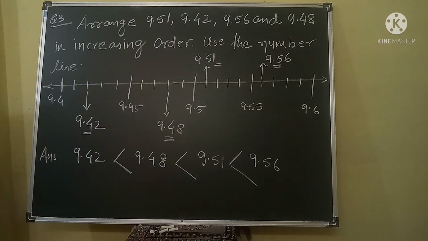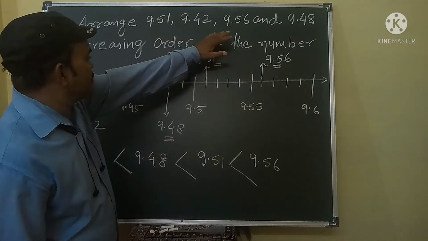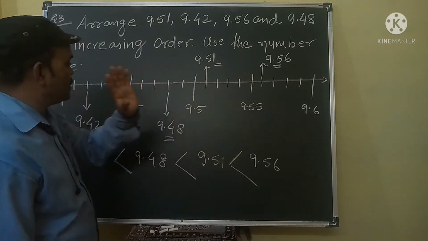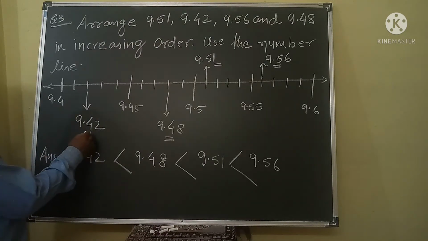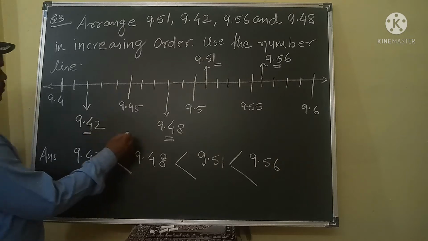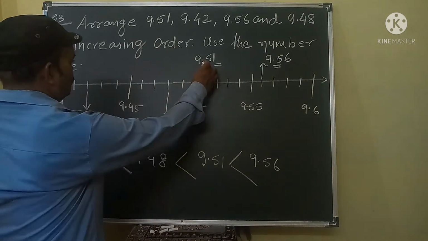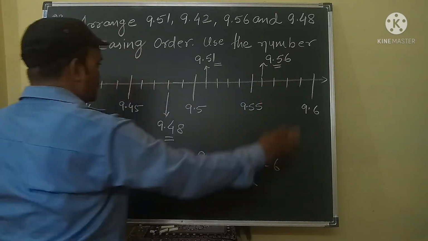Then we arrange all these decimal numbers in the given number line, as you are looking. This is 9.42, this is 9.48, this is 9.51, and this is 9.56.